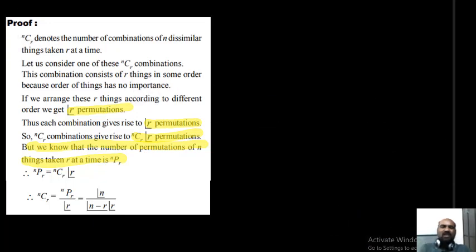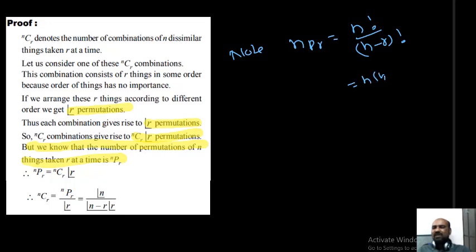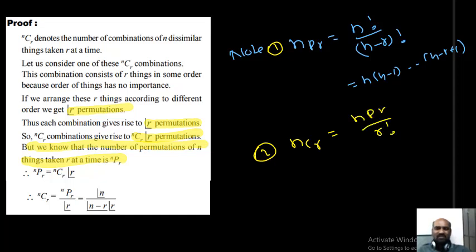Okay, so I will write a note here. NPR means N factorial by N minus R factorial, that is N into N minus 1 and so on, up to N minus R plus 1. This is 1. Now 2: NCR means NPR by R factorial, or N factorial by N minus R factorial into R factorial.